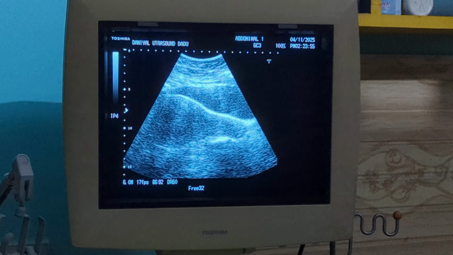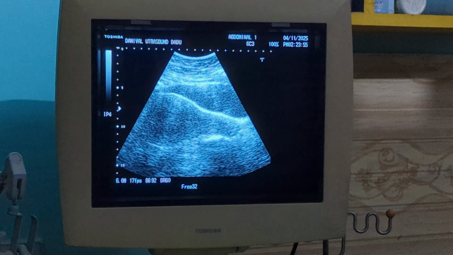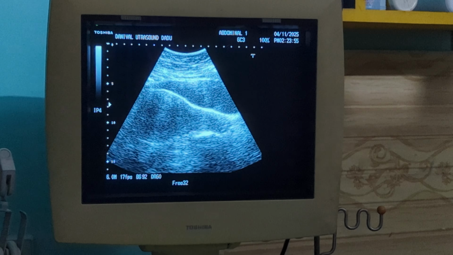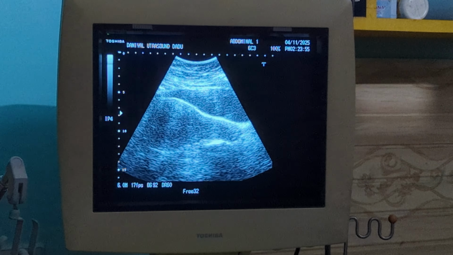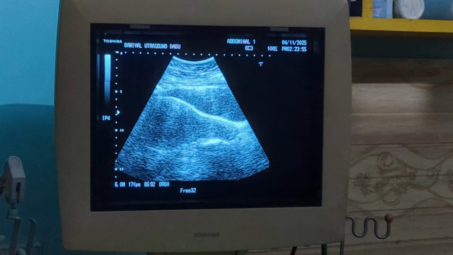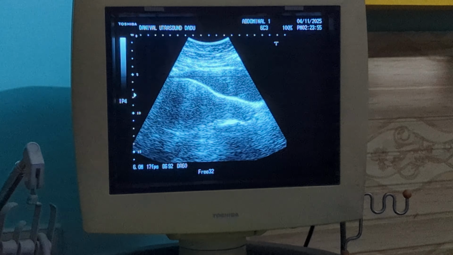But color Doppler shows increased vascularity, and you can easily differentiate it using color Doppler, which shows the difference between tiny seedling myomas and, as I told you, the small cysts.